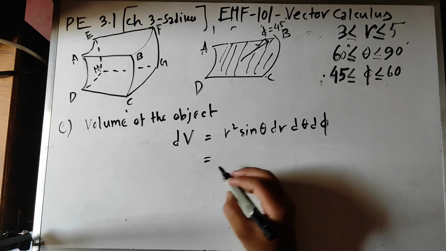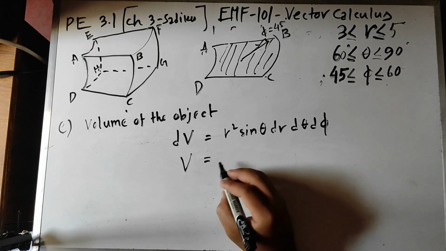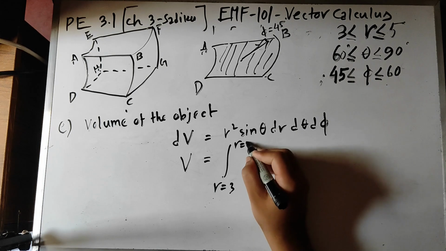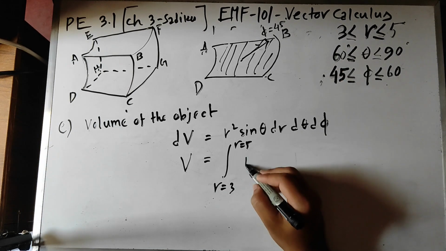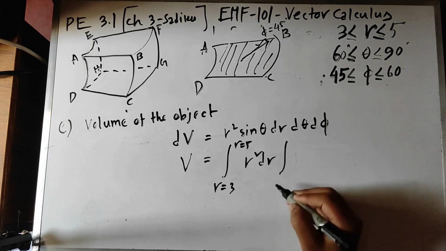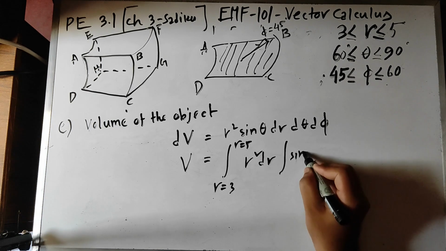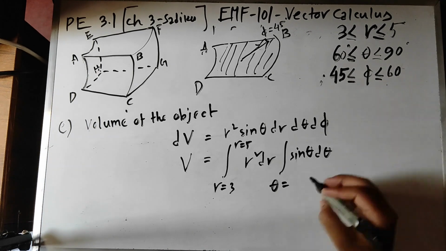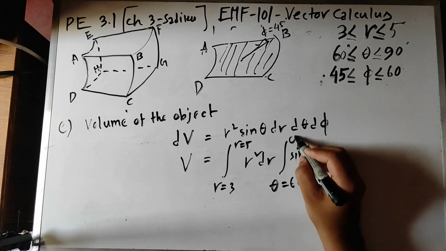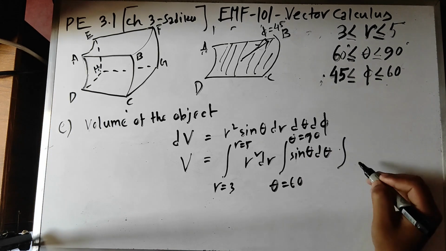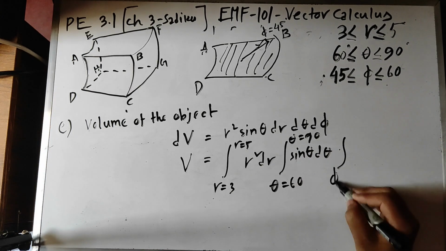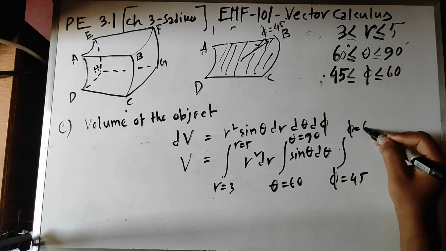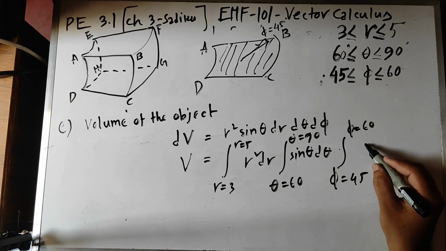So V is the integration from r equals 3 to 5 of r squared dr, sine theta d theta with theta from 60 to 90, and integration from phi equals 45 to phi equals 60, d phi.